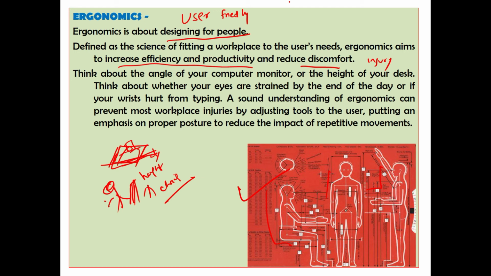It may be with respect to finger injury or eye injury. So when you try to improve movement or sitting posture, you try to improve the ergonomics. So this is it.